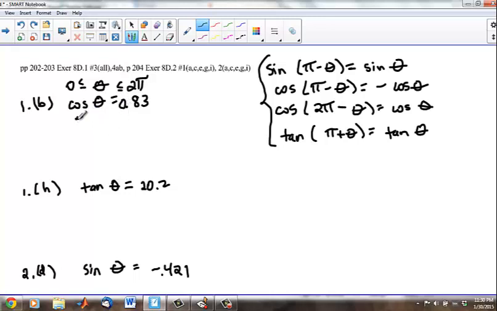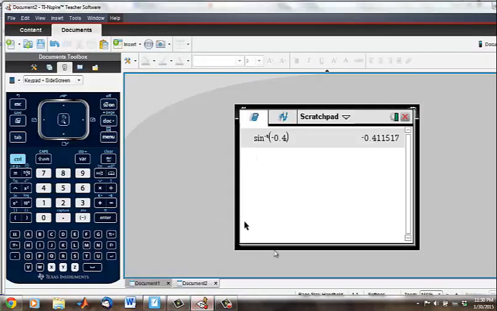So in order to find theta, you do the inverse, which is to find the arc cosine, or cosine to the negative 1, of 0.83. So I'm going to write that down here. Arc cosine of 0.83.